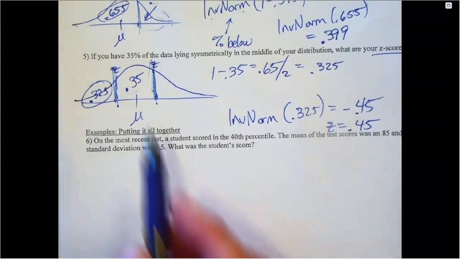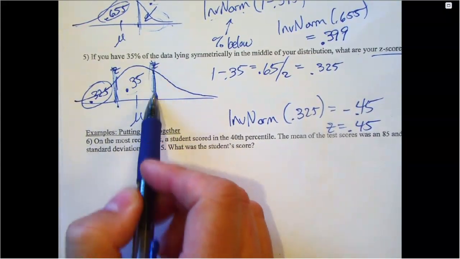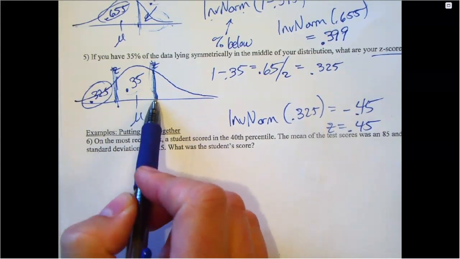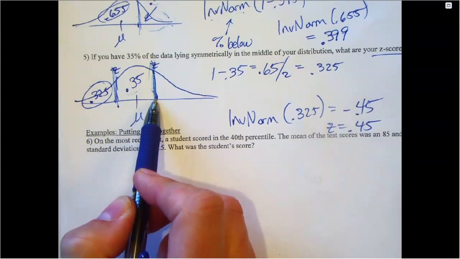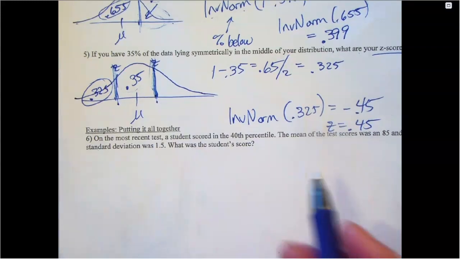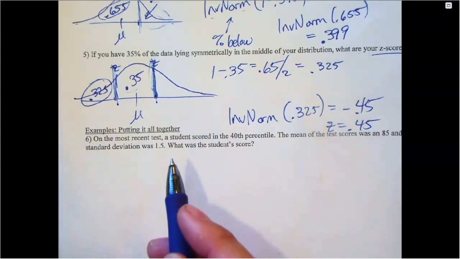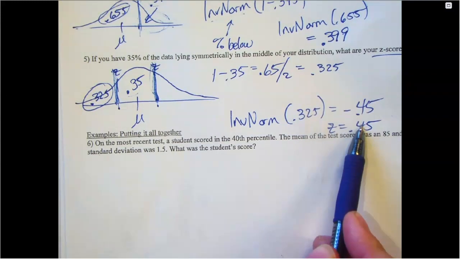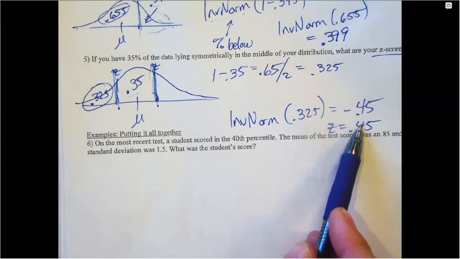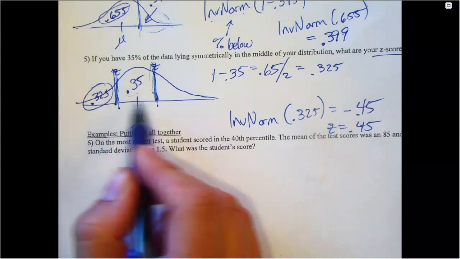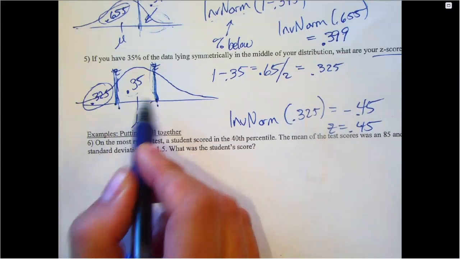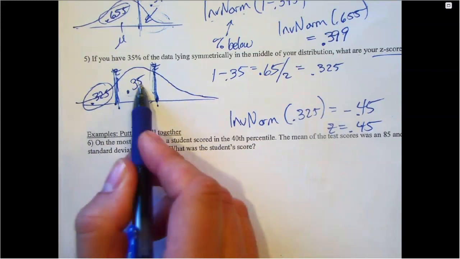If you really wanted to double check, what percent of the scores are below this spot? 0.675, you'd add them up, right? If you do inverse norm of 0.675, I get 0.45. So it's another way to get to it. You can either find the one on the left and then make it positive because it's symmetric, or find the one on the left and then the right, and do it 2 different ways.